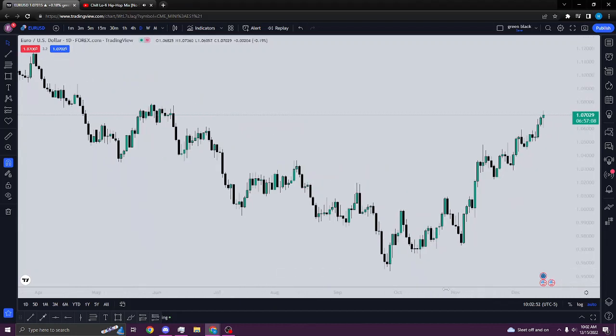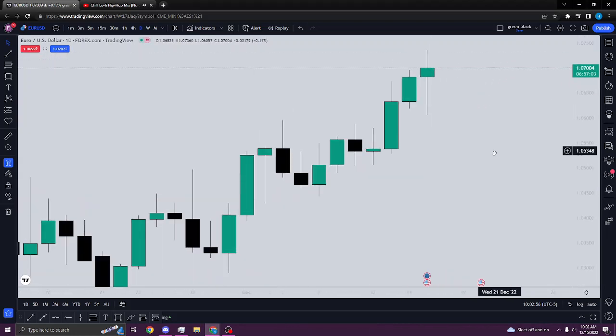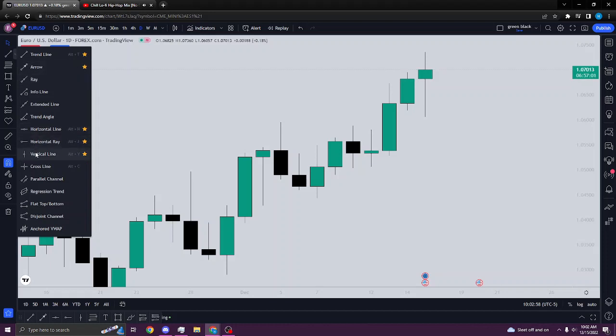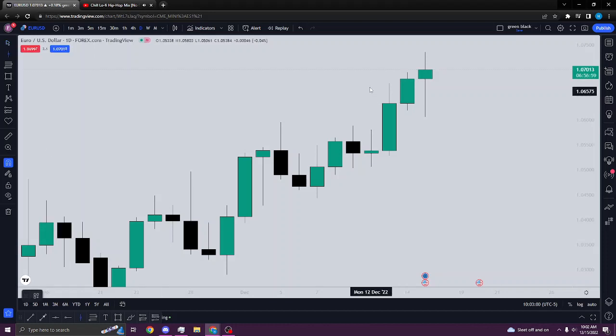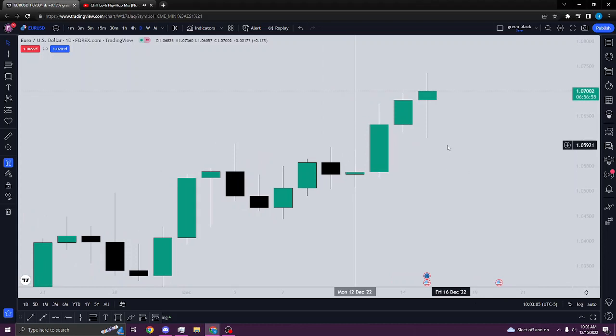Euro Dollar daily chart. What can we see? Let's delineate Monday's open here. So when the week starts, you want to already have a bias of what the week can bring me. Is it going to be a bullish week or a bearish week?